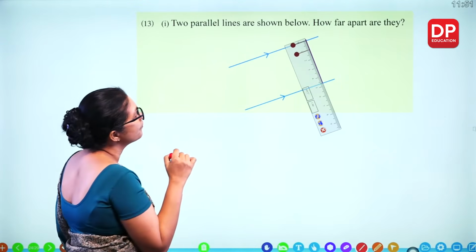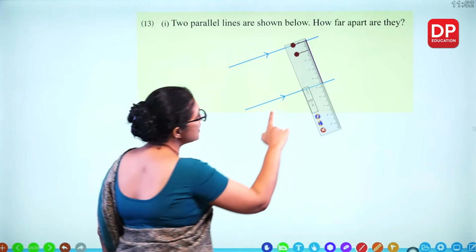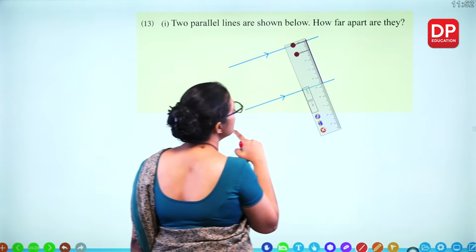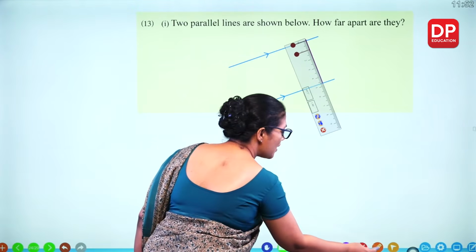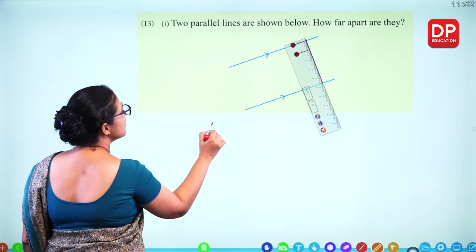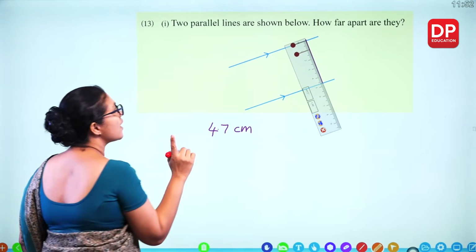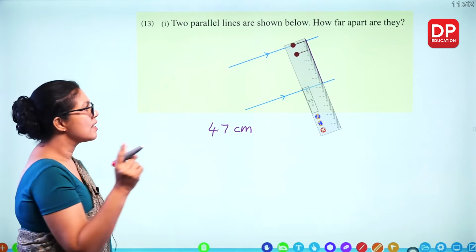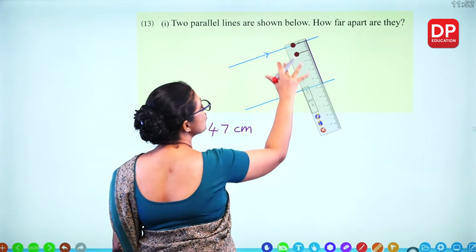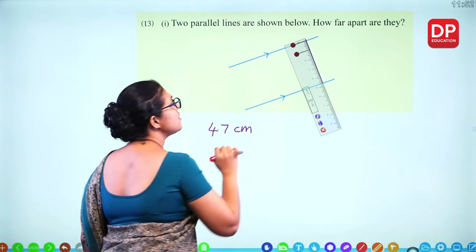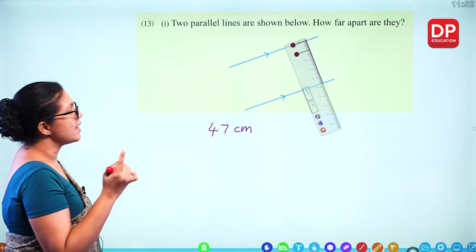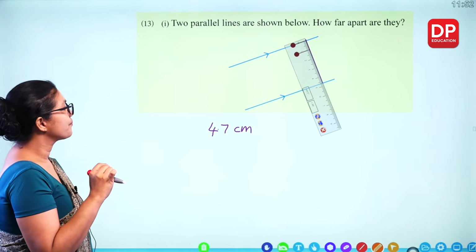What's the value? 4.7 centimeters. You get a different answer because my one is enlarged, so my ruler is different, so you get a different answer.